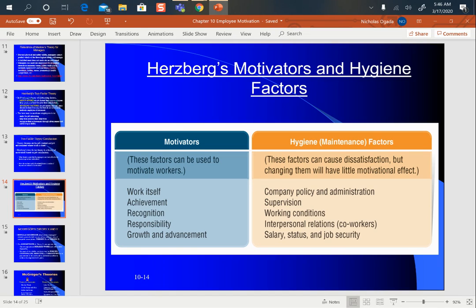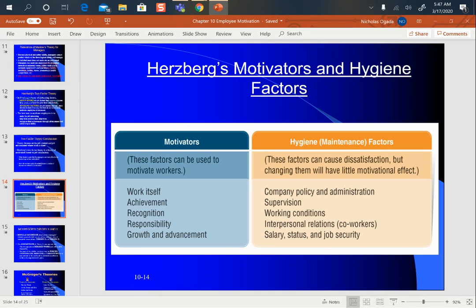Supervision, for example, becomes a factor we use also to maintain motivation, and working conditions, interpersonal relations, co-workers. Again, think about this: salary or job security, according to him, is a hygiene factor.